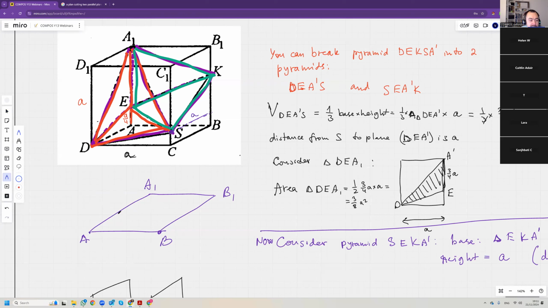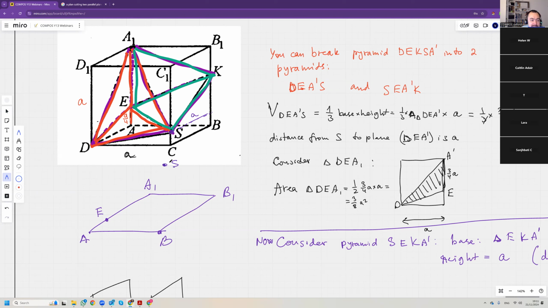E is here, and S is above BB', somewhere here.